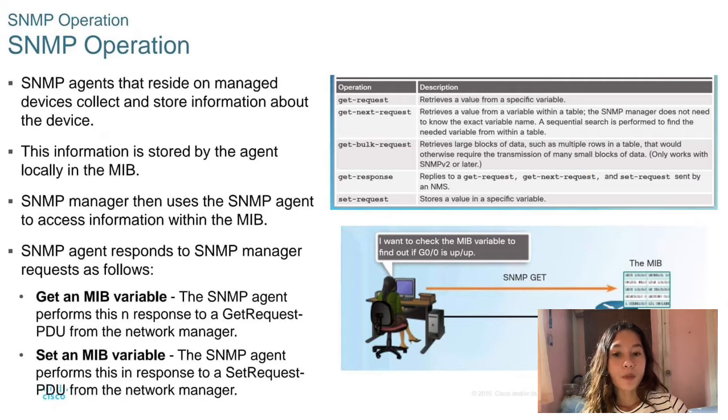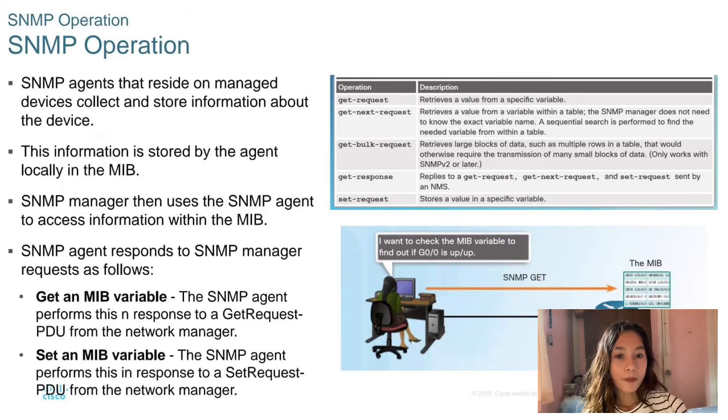The SNMP agent responds to SNMP manager requests as follows. First is get an MIB variable. The SNMP agent performs this in response to a GET request PDU from the network manager. The second one is set an MIB variable. The SNMP agent performs this in response to a SET request PDU from the network manager.